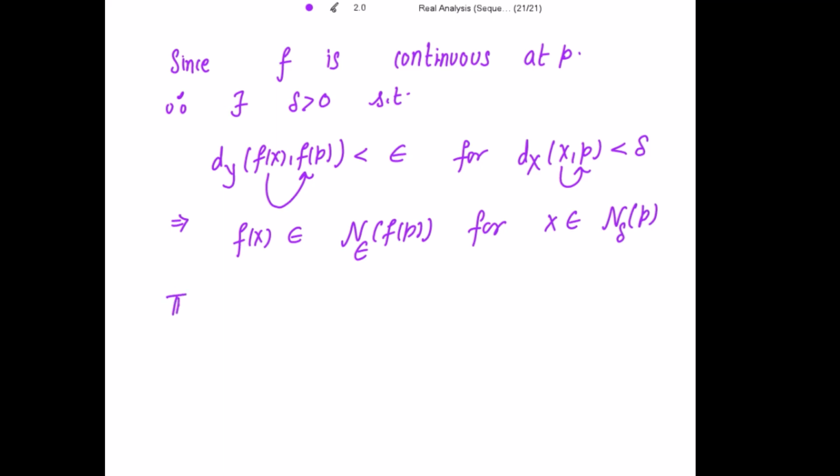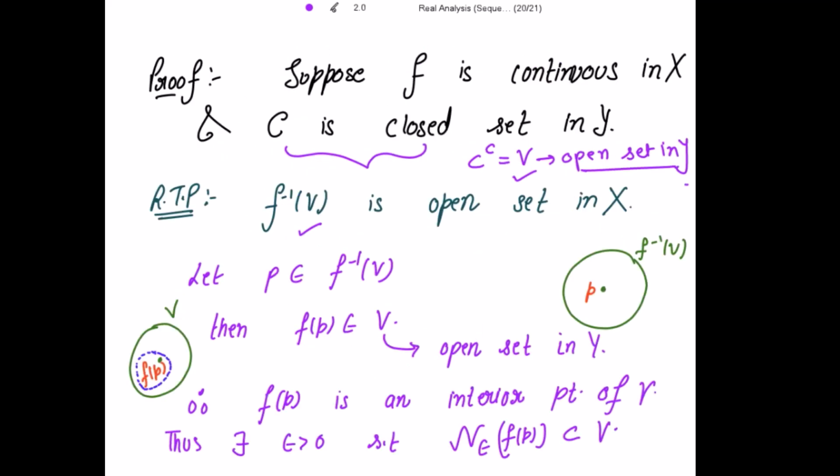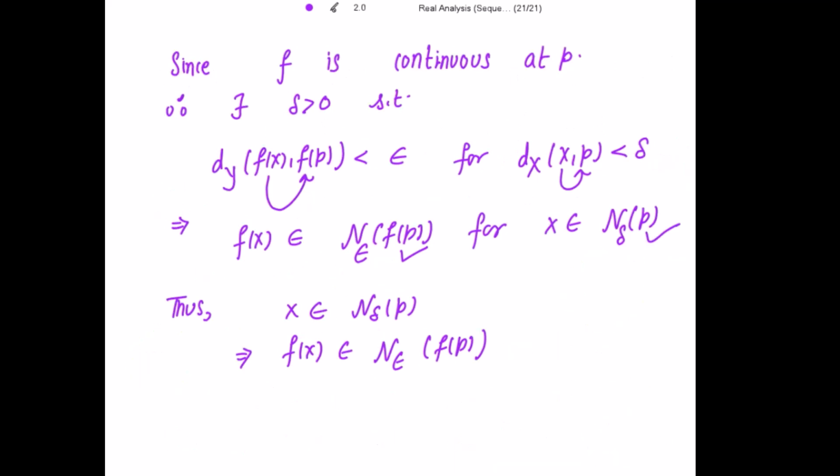Fine. Thus, x belongs to the delta neighborhood of P implies fx belongs to the epsilon neighborhood of fp, but the epsilon neighborhood of fp is a subset of V. So this implies f of x belongs to V, which further implies x belongs to f inverse V. So from where has the x been taken?